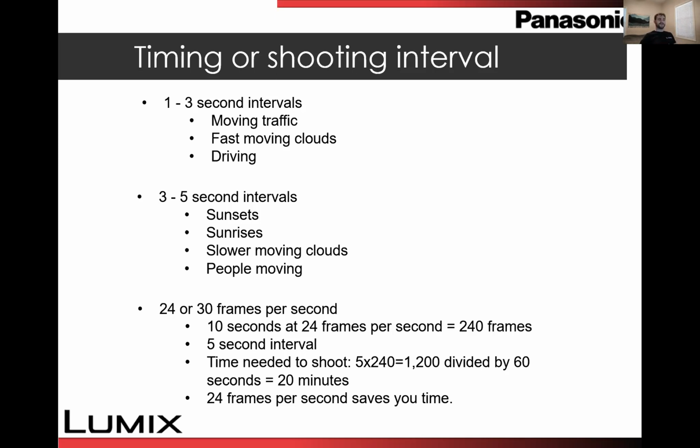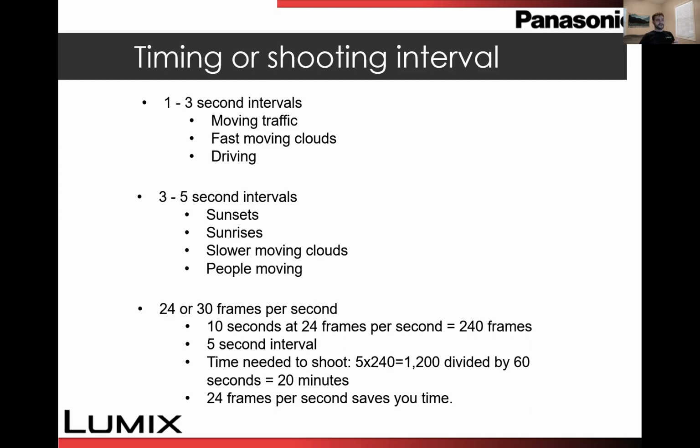People walking isn't really fast unless you're watching a track meet or someone jogging. Depending on the activity, you want to judge which way to go. If it's slow moving activities, lengthen your interval. If it's fast moving activities, shorten your interval.